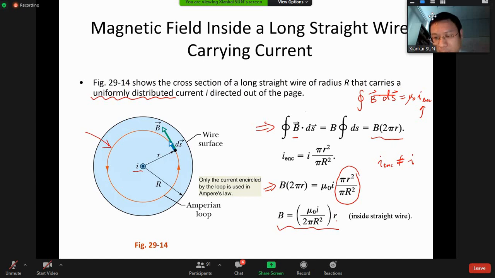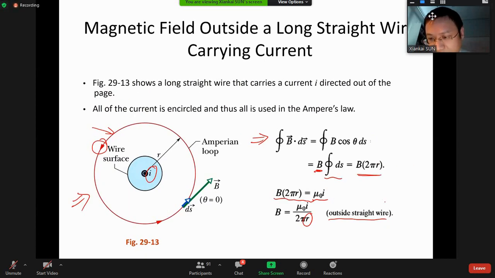Okay, so in this case, you can tell that B is proportional to small r, the radius. But in the previous case, B is inversely proportional to small r. The dependence on the radius is quite different.